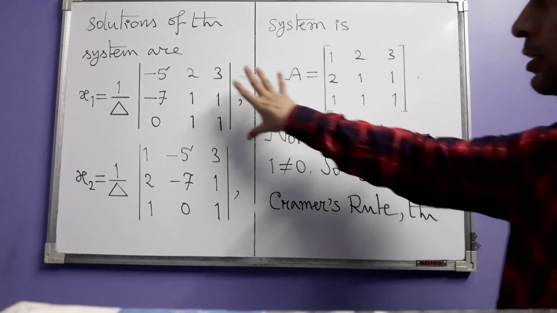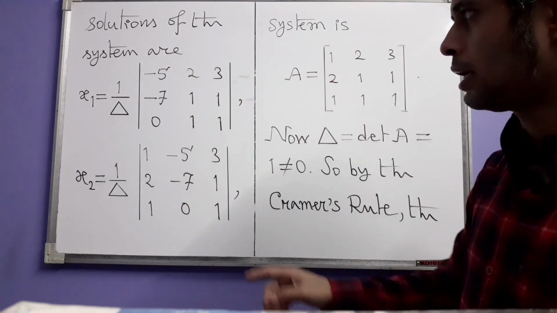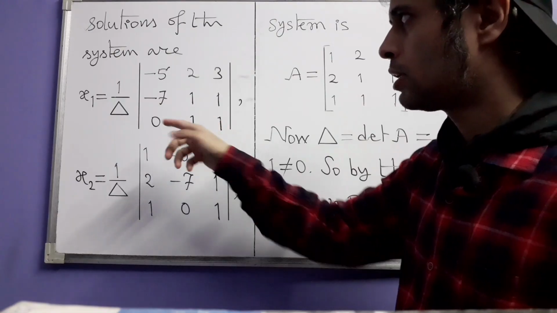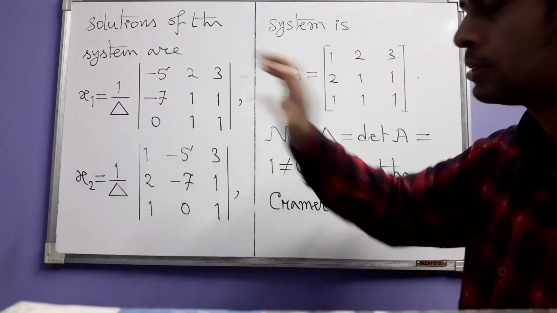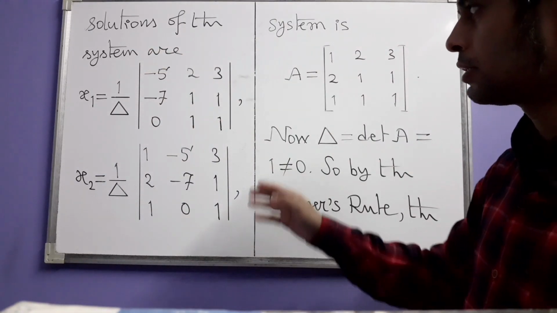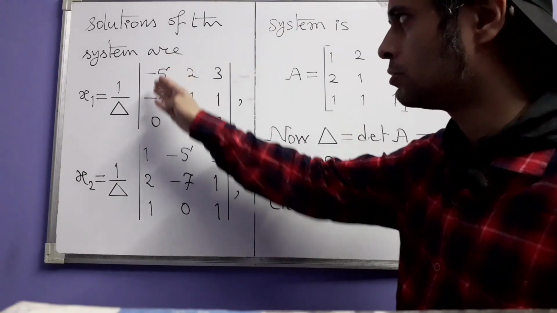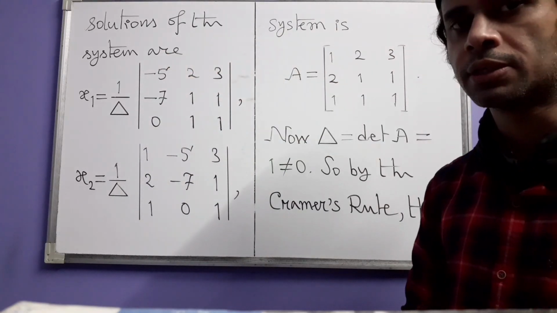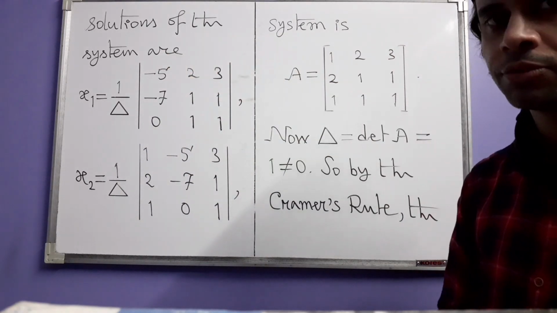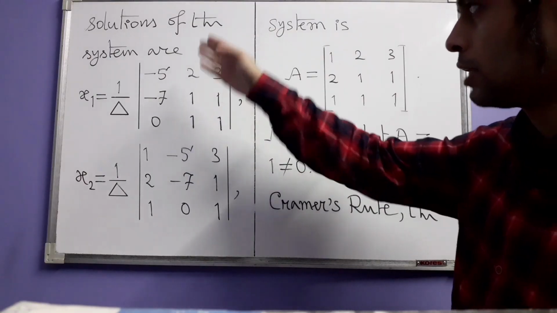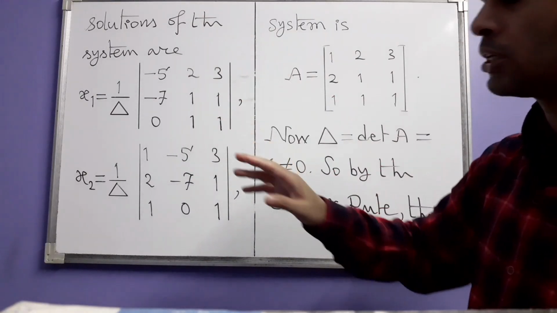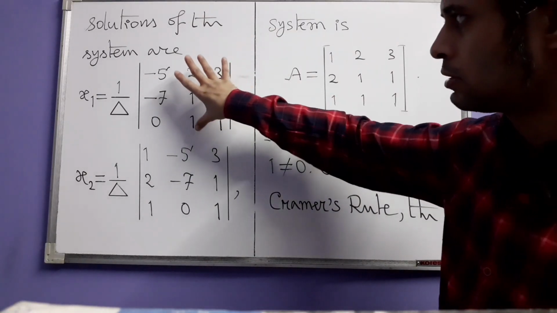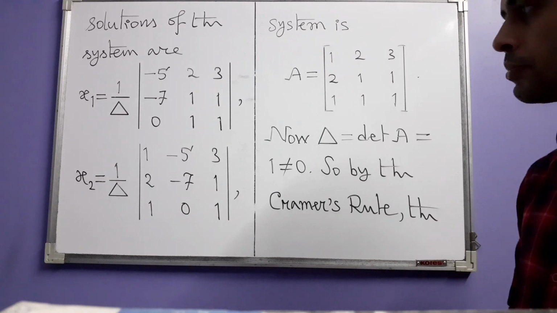The remaining entries are the same, and I could have written determinant of this matrix. However, in order to save space, I am using this vertical bar notation for determinant, which you already know from school. If you write like this, it means determinant of that matrix whose entries are like this.